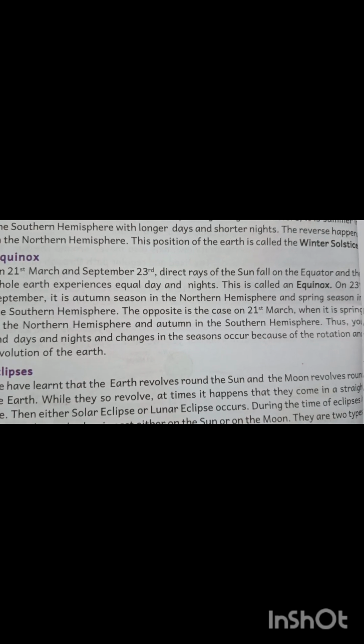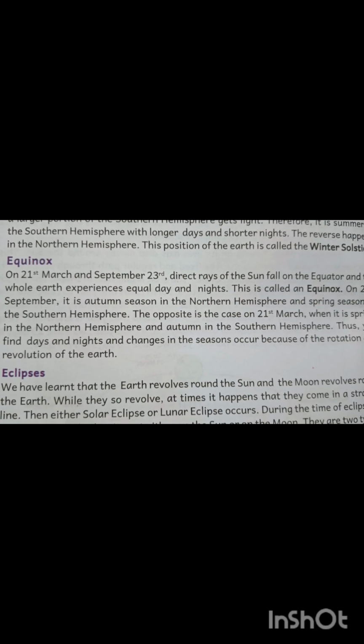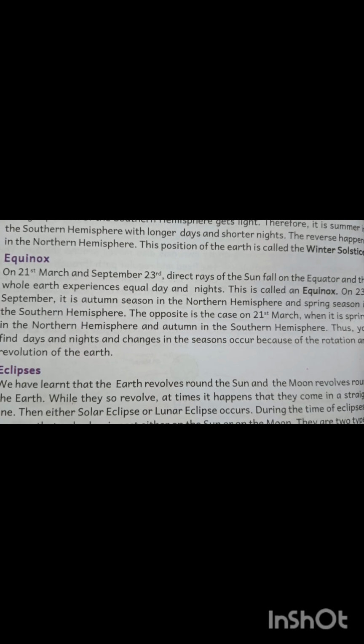The opposite is the case on 21st March, when it is spring in the northern hemisphere and autumn in the southern hemisphere. Thus, you find that days and nights and changes in the seasons occur because of the rotation and revolution of the earth.